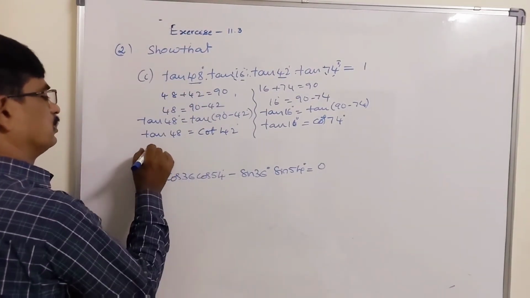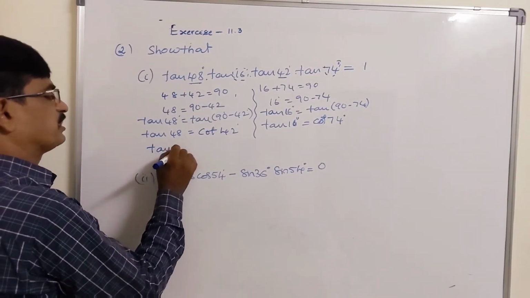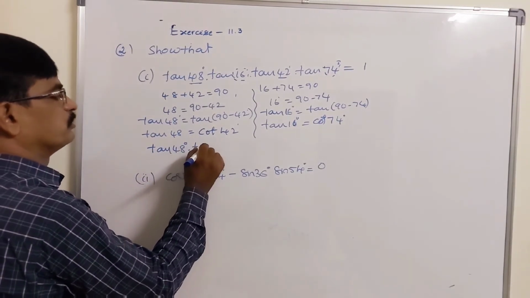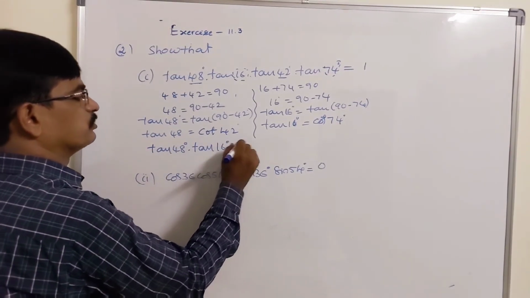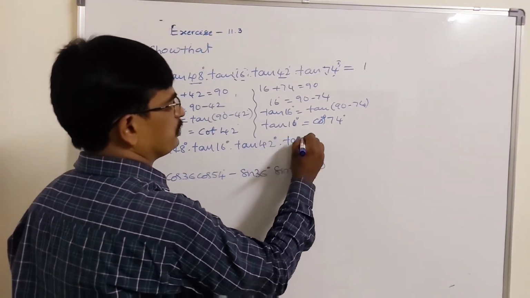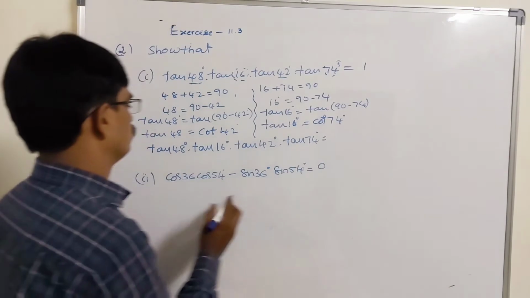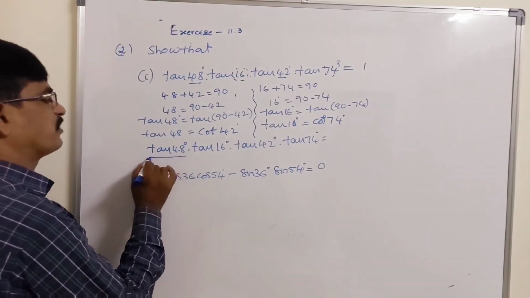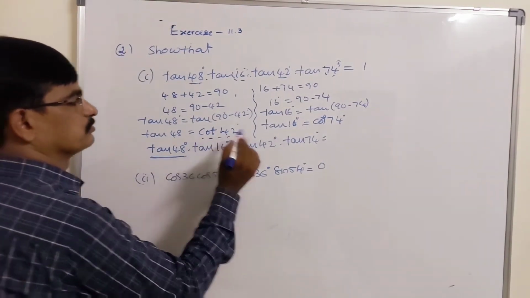48 in the question. Tan 48 degrees into tan 16 degrees into tan 42 degrees into tan 74 degrees is equal. See here, change tan 48 as cot 42.